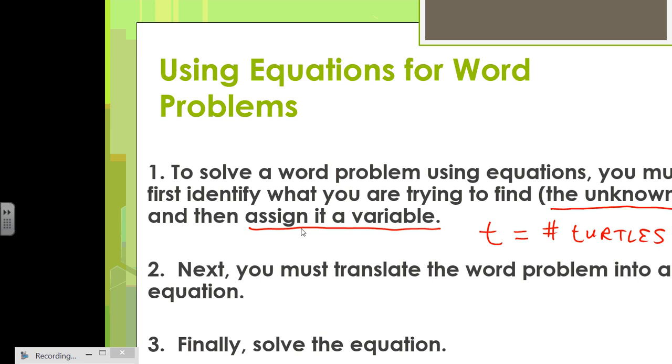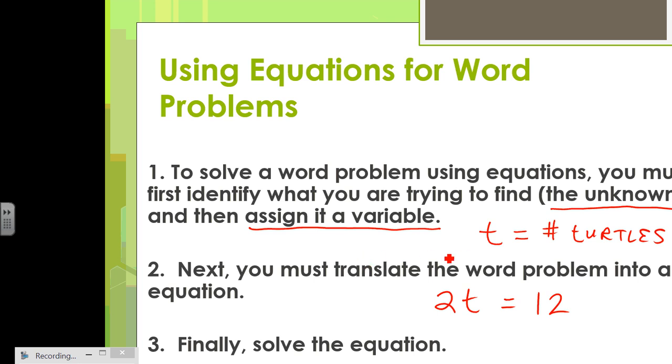Next, you must translate the word problem into an equation. So if it said 2 times the number of turtles was 12, you would say, okay, 2 times, in this case, t, is 12. And then finally, the third part would be to solve said equation using inverse operations.